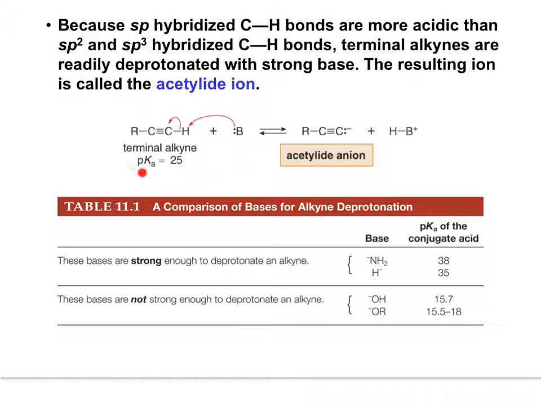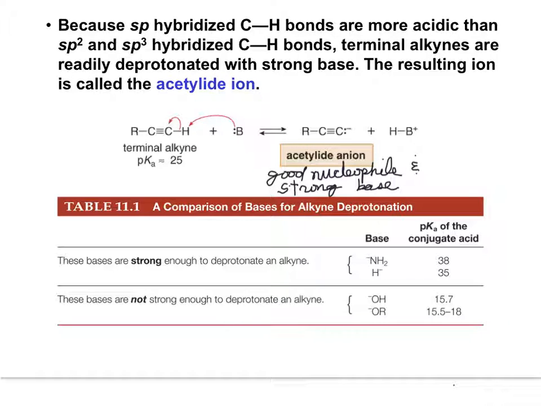When a terminal alkyne is deprotonated by using a strong base, the resulting anion that is formed we call the acetylide anion, and this anion is synthetically useful because it can act as either a very good nucleophile or a very strong base.